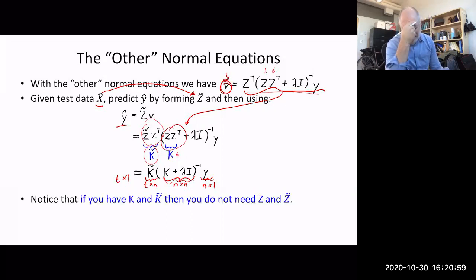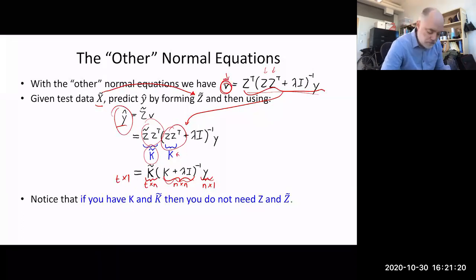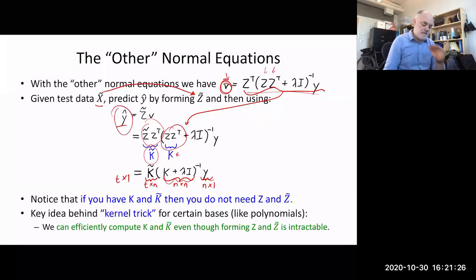I haven't told you how to get them, but if somebody handed you k and k tilde, then you actually don't need z and z tilde in order to make your predictions. Fair? Okay. Well, cool.